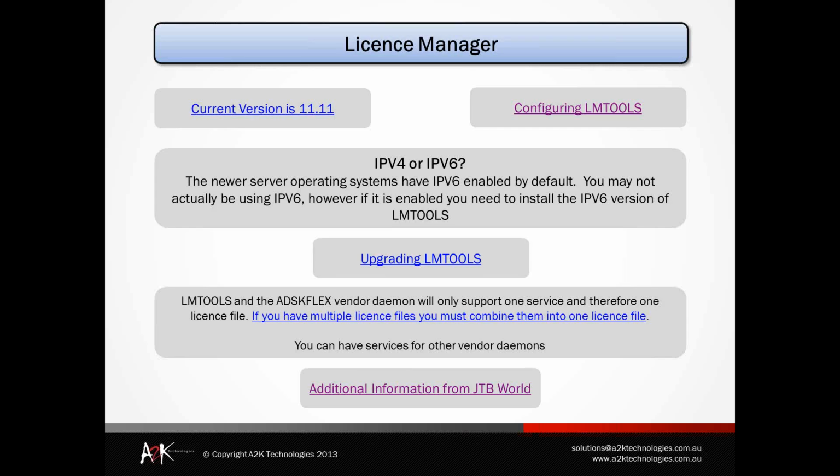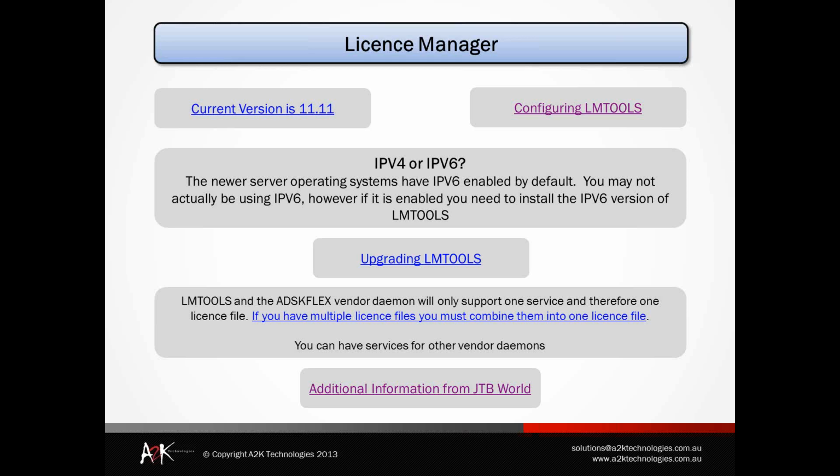So the newer server operating systems all have IPv6 enabled by default, and many people may not actually be using IPv6. However, if it is enabled, then you need to install the IPv6 version of LM Tools.